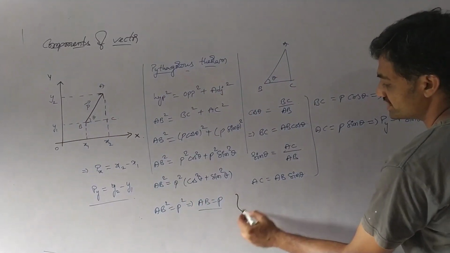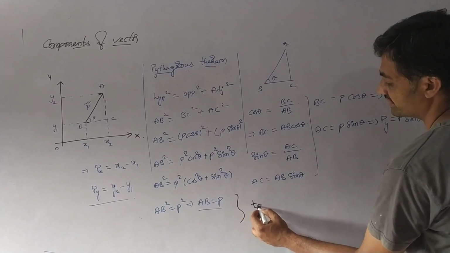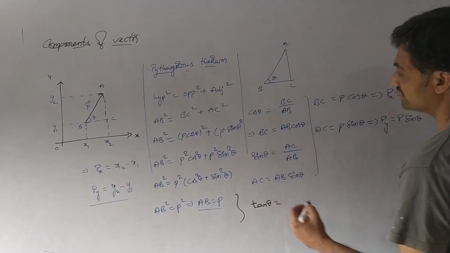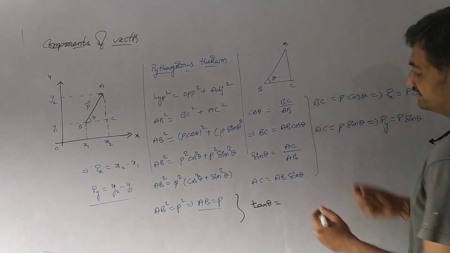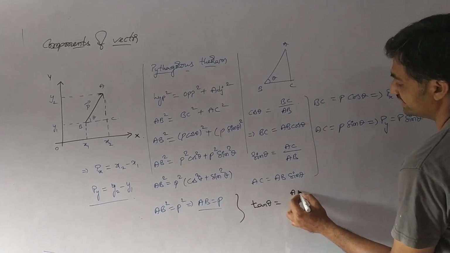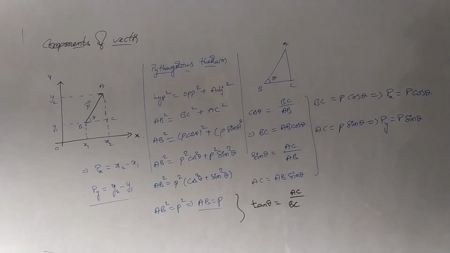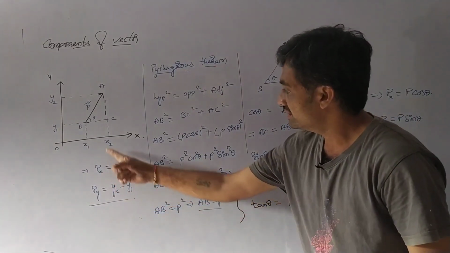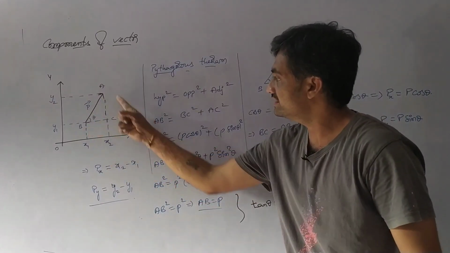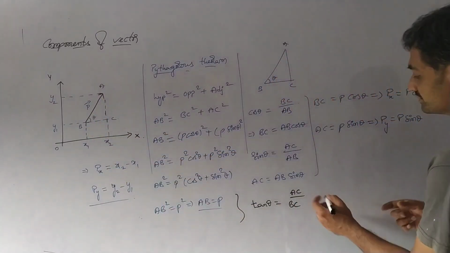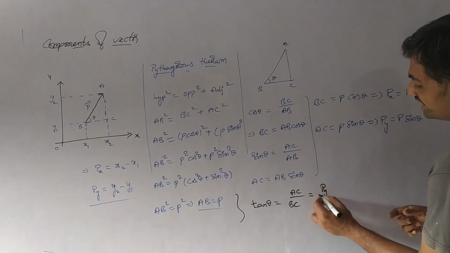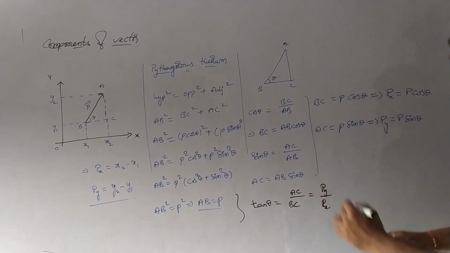The direction of this vector is represented as tan theta equals the opposite side AC by BC, which is nothing but P suffix y by P suffix x.